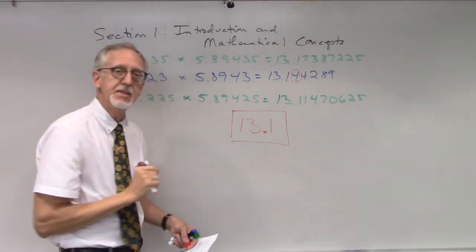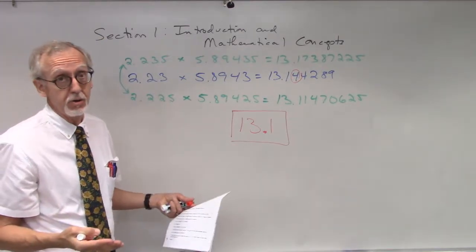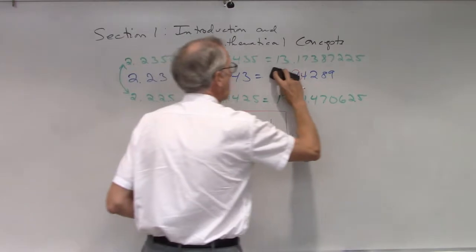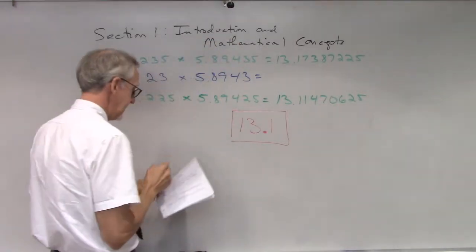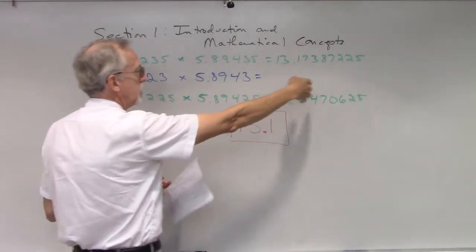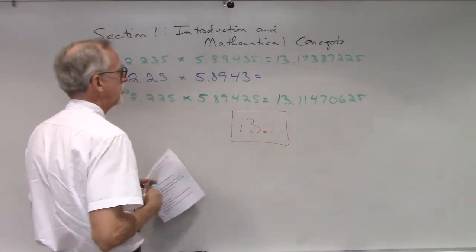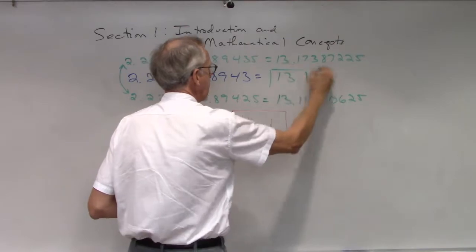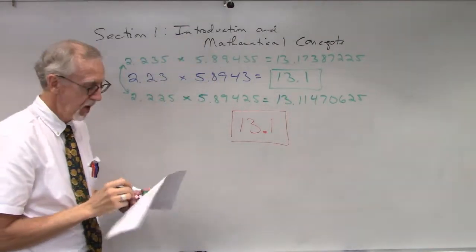Any more digits we really are not sure about. So we will quote this result not as 13.1 blah blah blah, we will quote this as 13.1. And that is our product.